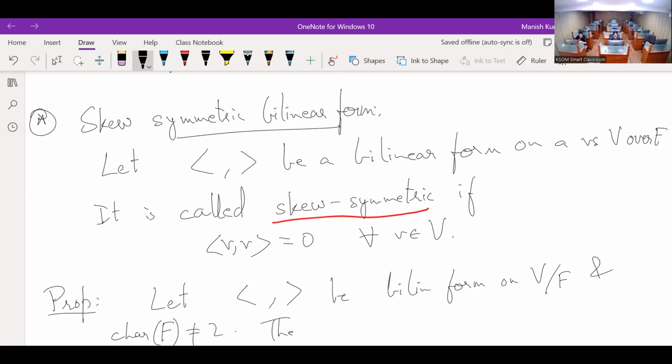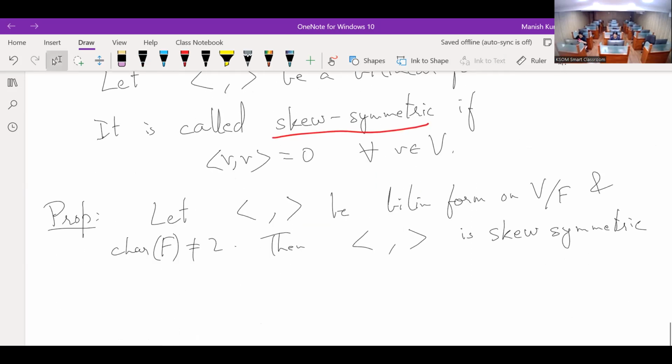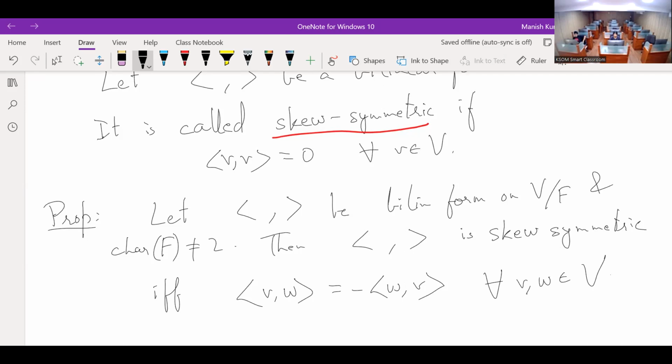Then this is skew symmetric if and only if the pairing (v, w) is the same as negative (w, v) for all v, w in V. Symmetric means that (v, w) should be the same as (w, v). Here it just says that it should be the exact opposite.